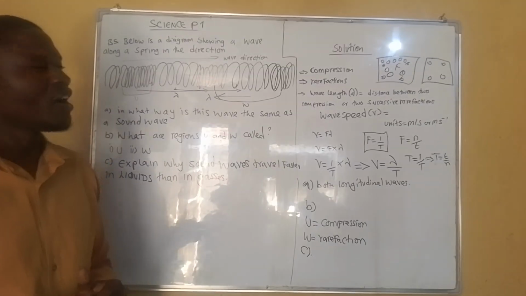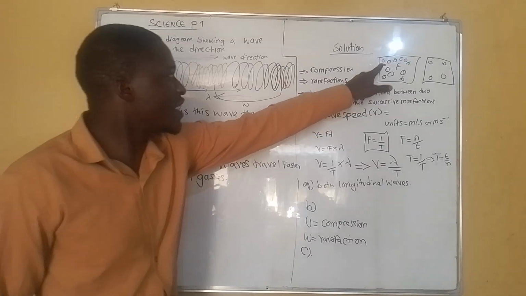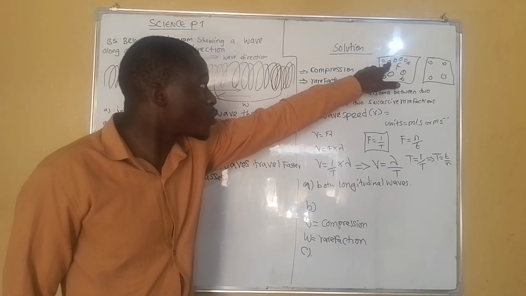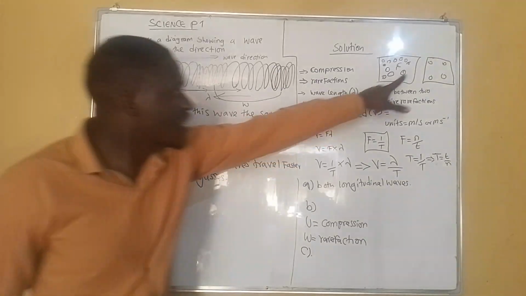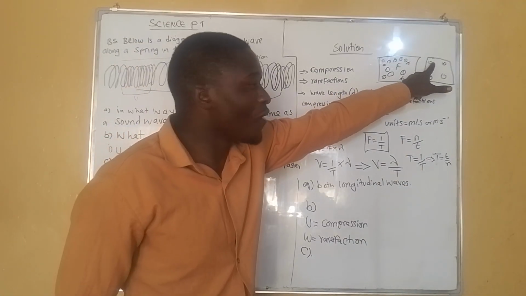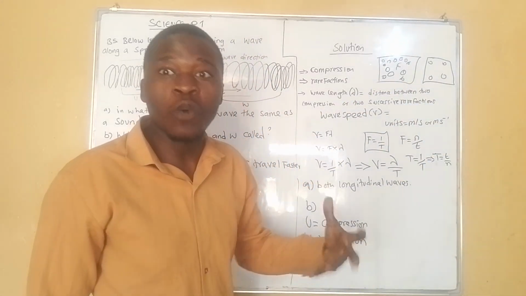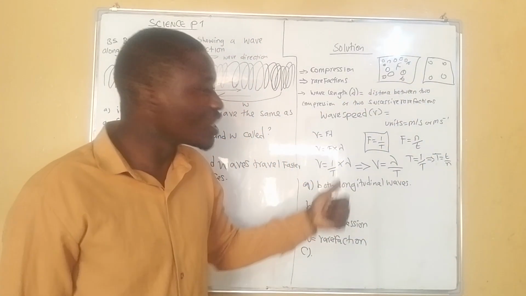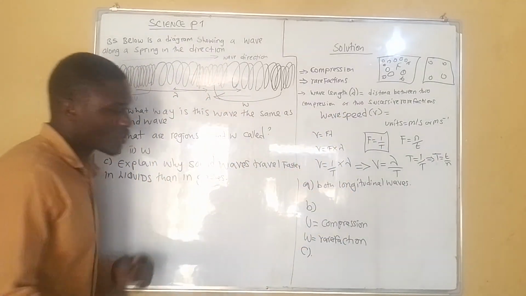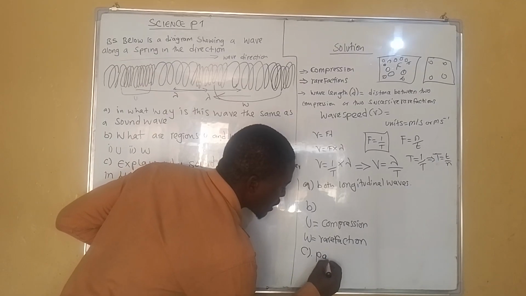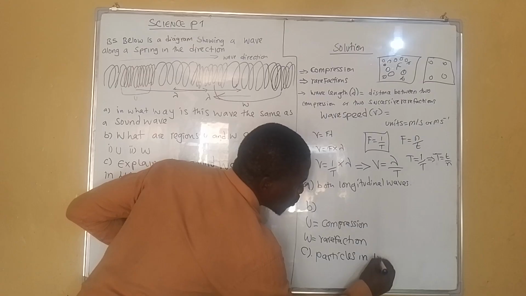So if you have a disturbance here, it will be faster for energy to travel from this particle to this particle because they are close together. But in this one, for energy to travel from this point to this point, there is time taken. So it won't be faster than in liquids.